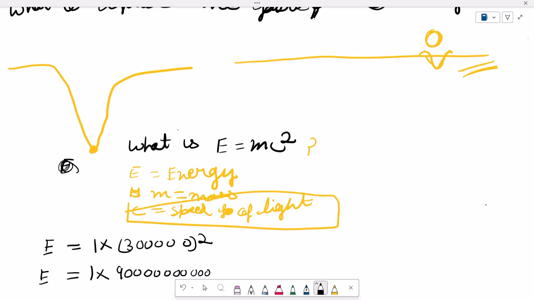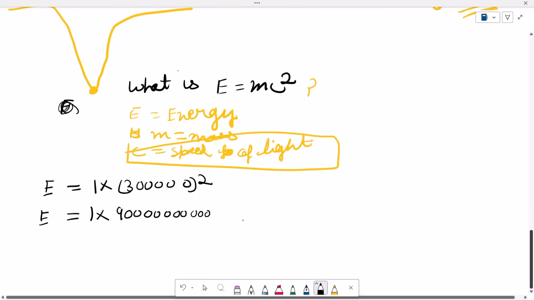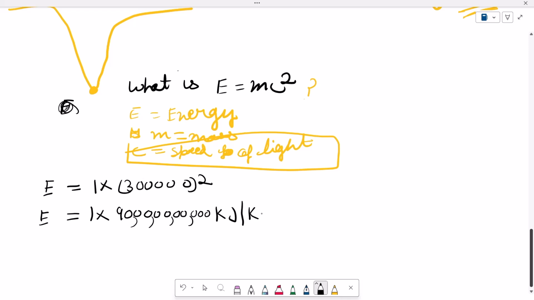So this much energy would be possessed by an object, in kilojoules per kg. Let me read it once: it's 9,000 crore.